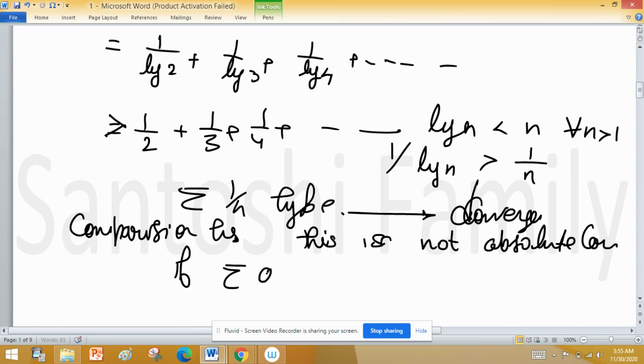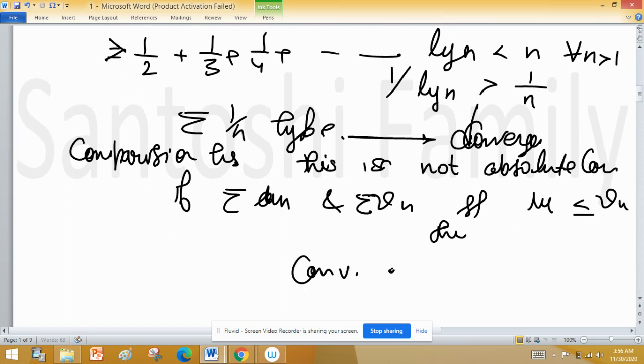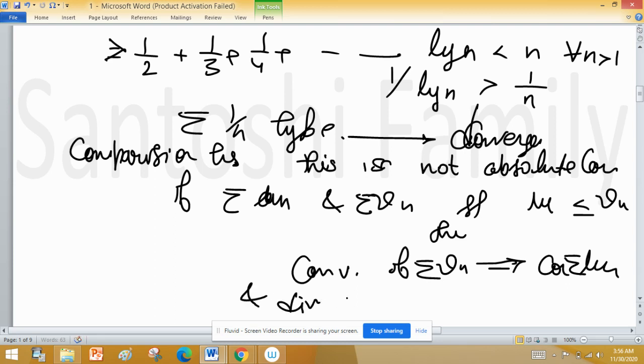If two series summation un and vn are such that un is always less than or equal to vn, then convergence of vn implies the convergence of series un, and divergence of the smaller un implies the divergence of vn.